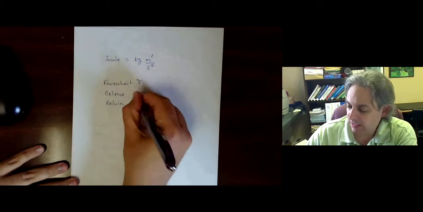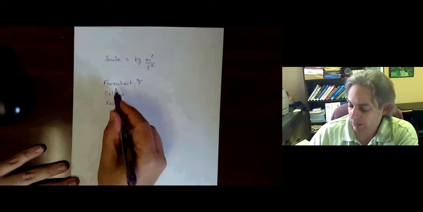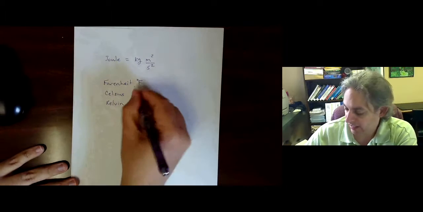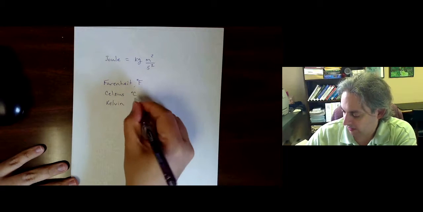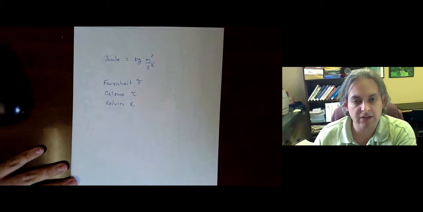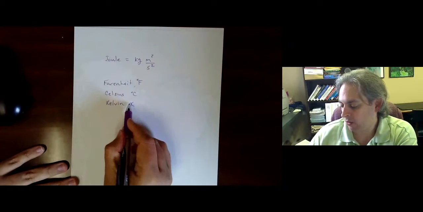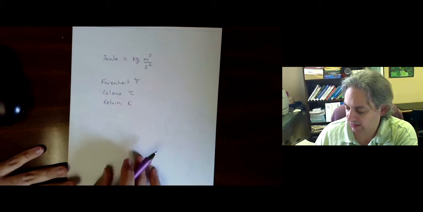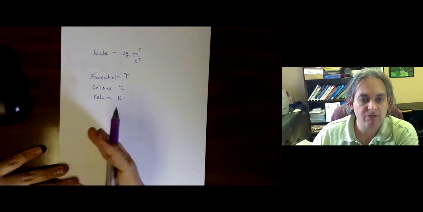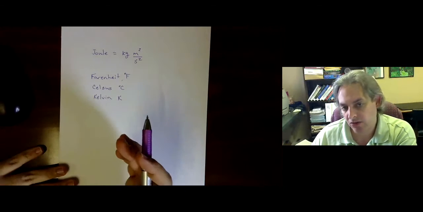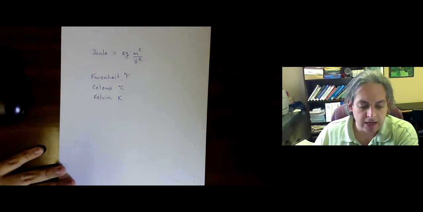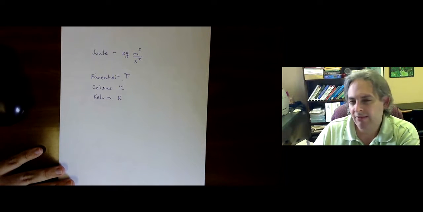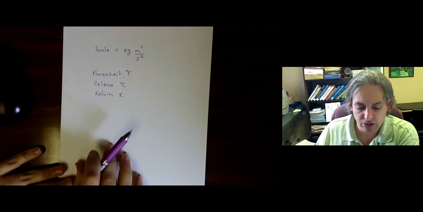Now, you will need to be able to convert between Fahrenheit, Celsius, and Kelvin. So the symbol for Celsius is degrees C, and then Kelvin is symbolized with just the letter K. We don't put a degree mark for Kelvin, so only for Fahrenheit and Celsius. So how do we go from Fahrenheit to Celsius to Kelvin? Really, you need to know two formulas to do this.